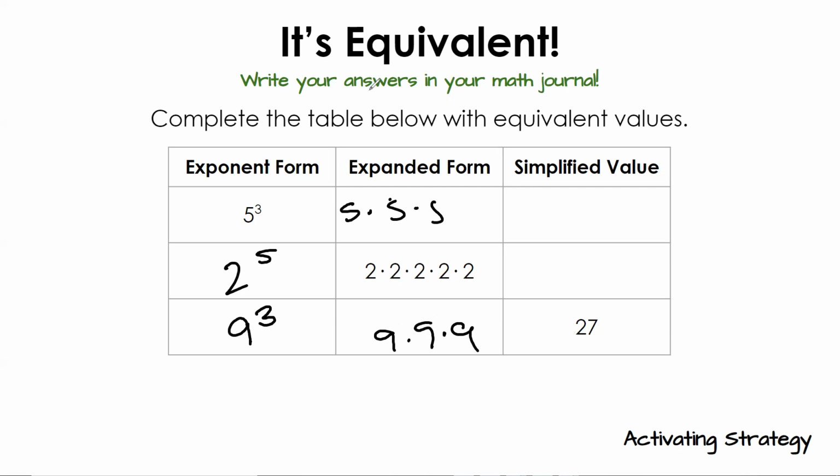So we're not multiplying those two numbers here. What we're doing is raising a number to the 3rd power, which means multiply itself 3 times, and that gets us 27. When we multiply 5 times 5 times 5, that gives us 125. And when we multiply 2 times 2 times 2 times 2 times 2, that gives us 32.